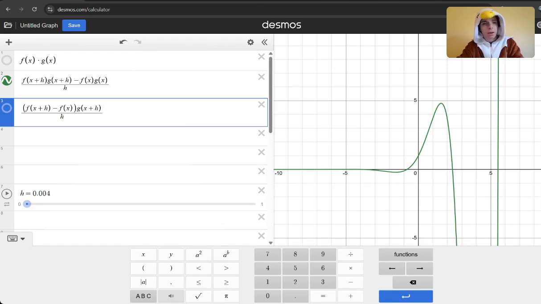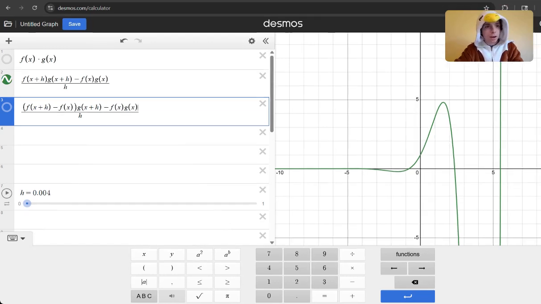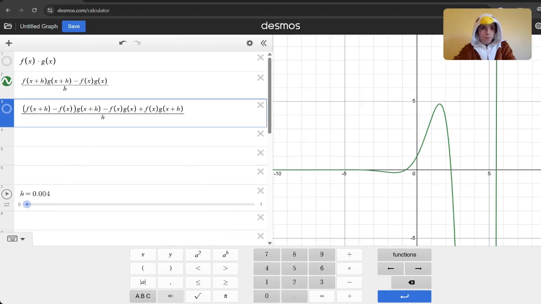But we need to add some things because this doesn't have all the terms. So we'd need to add the negative f of x, g of x, and we also need to add f of x, g of x plus h. And then we can factor this.